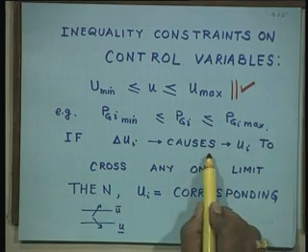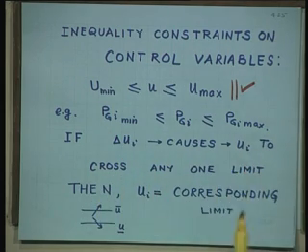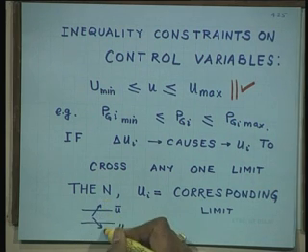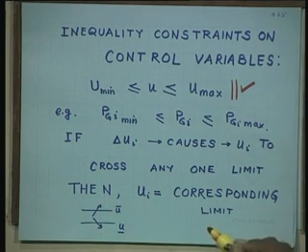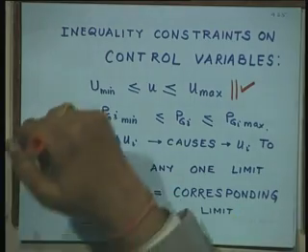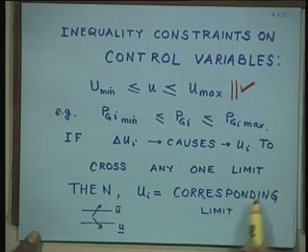If this delta u causes ui to cross any one limit, you can either cross the upper limit or lower limit, not both simultaneously. As I have always been saying, you are either inside the hall or you are outside. You can't be both. Only God is omnipresent. So, what do you do if this happens? Then put ui equal to the corresponding limit.